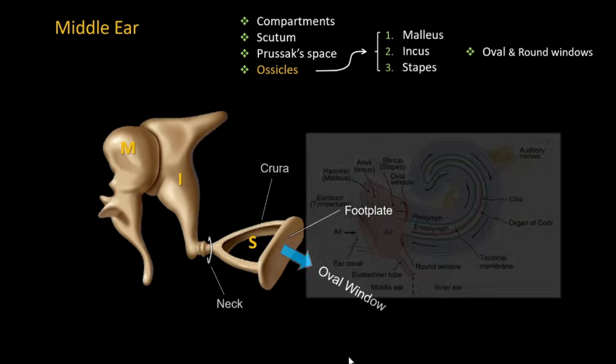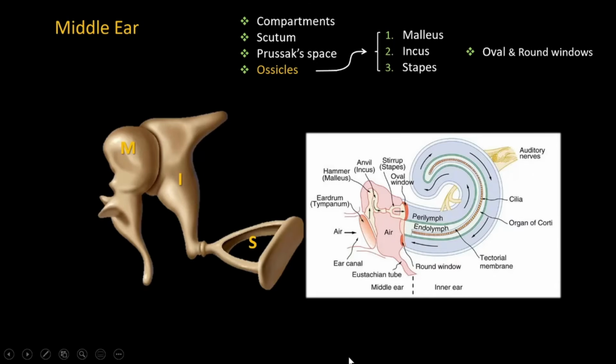oval window. As you remember from college, medical school, the function of the ossicles is, when you have air pressure that's vibrating the tympanic membrane, that will in turn translate into a mechanical vibration, and the three ossicles can amplify that action, and the footplate is vibrating the oval window, which then causes the fluid to transmit spiral up and down through the cochlea, and finally you get decompressed out of the round window.